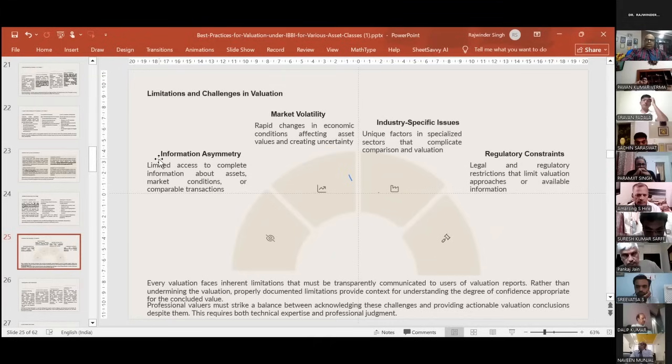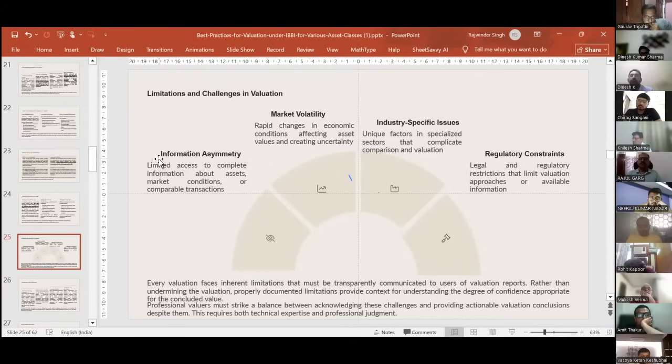Availability of sufficient information is very important for valuation, which is very difficult in the Indian context. There is limited access to complete information about assets, market conditions, or comparable transactions. So it is very limited in India's context.